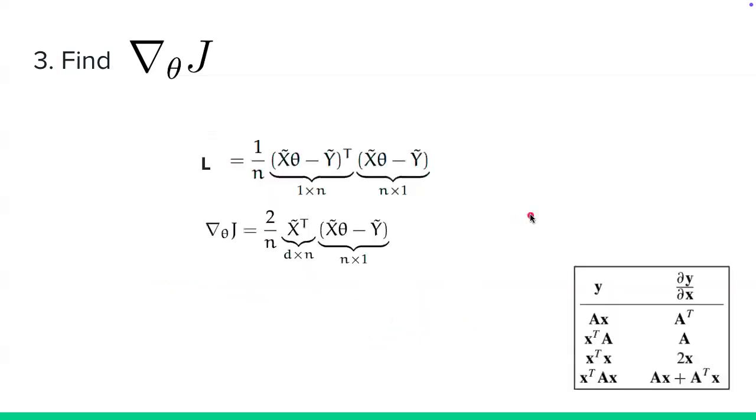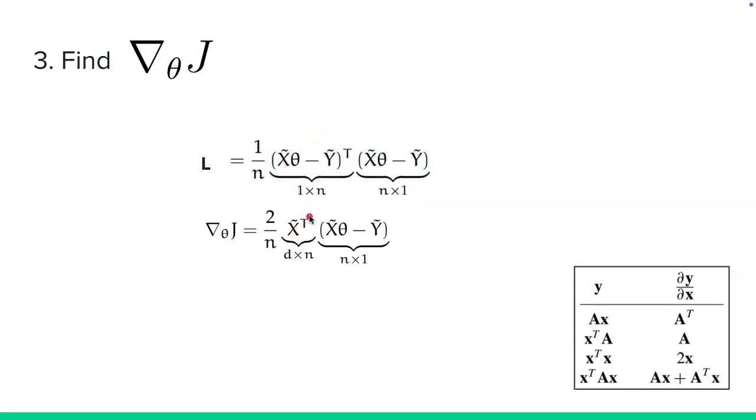Now let's compute the gradient. This is very similar to what we have done in math class. We just take the gradient with respect to theta. First, we take the gradient of this function, and we get X transpose.